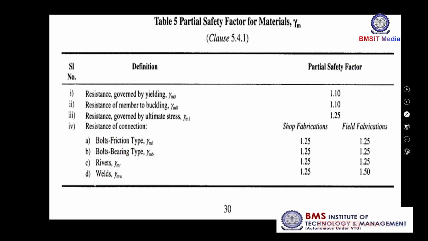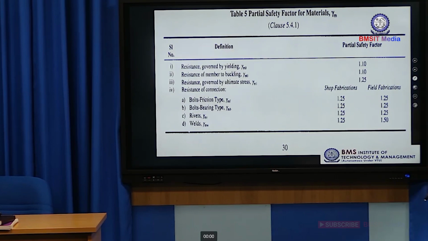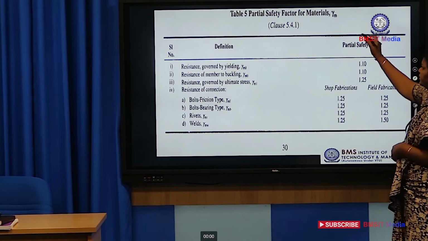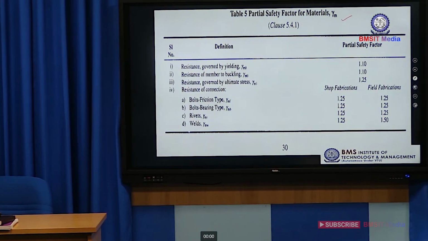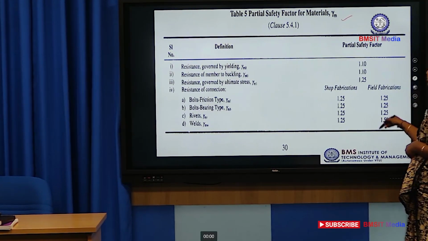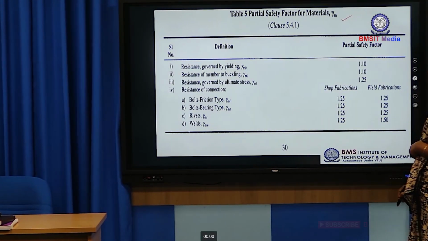Next, coming to the partial safety factor of material. This is very important in the limit state method. In the limit state method, we underestimate the material strength for safety purposes. So for the material strength we always divide by some ratio, and that ratio is called the partial safety factor.